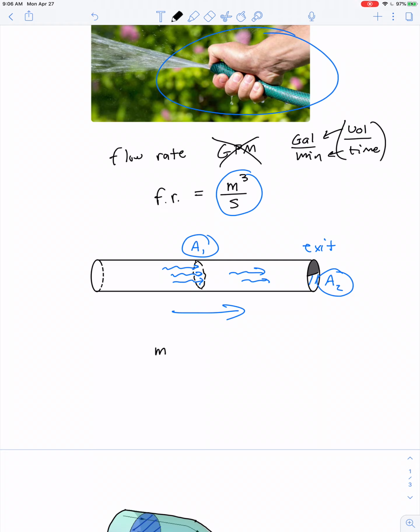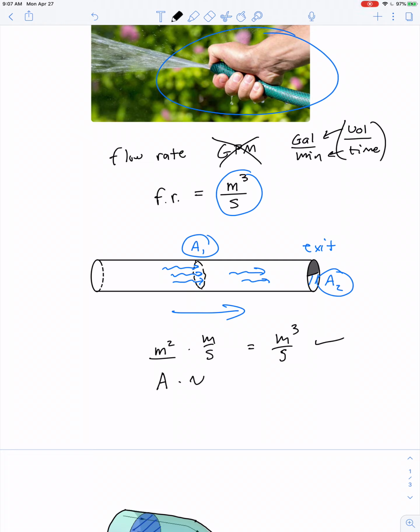So another way we can express the cubic meters per second, we could say cubic meter per second is the same thing as a square meter multiplied by a meter per second. Doesn't that equate to cubic meters per second? And so this would be the product of some area and velocity.